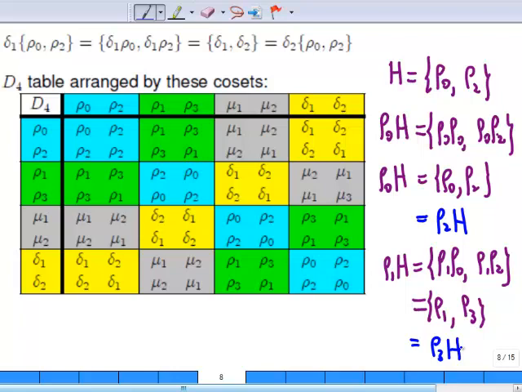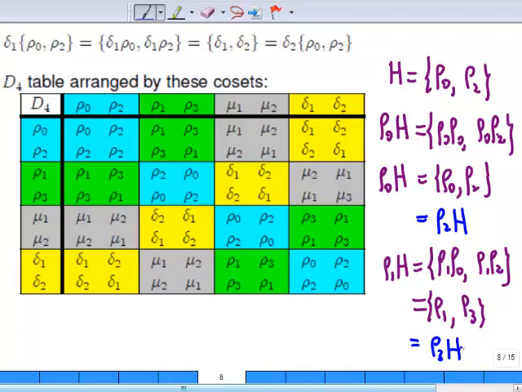We say 180 plus 270, then minus 360, which gives the same rotation of 90 degrees. So the cosets rho 1 H and rho 3 H are the same.